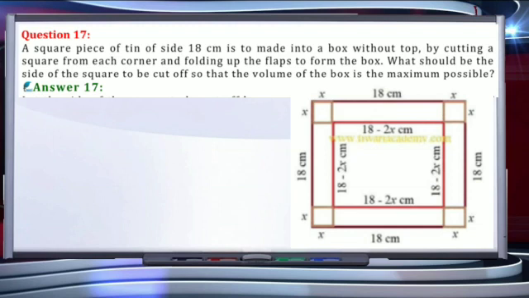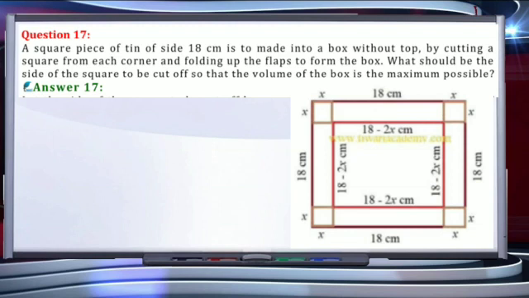What should be the side of the square to be cut off so that the volume of the box is the maximum possible? So here one thing is clear, that we have to make the volume of a cuboid the maximum, because a box is of the shape of a cuboid. Here we need to find its length, breadth and height to find its volume.